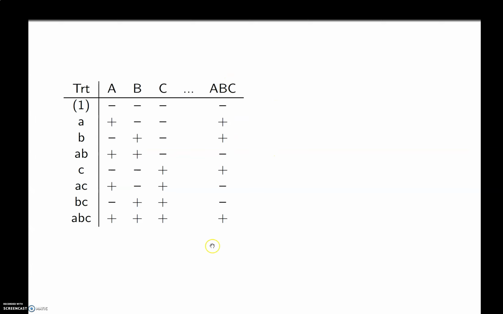When does this three-way interaction become negative? In cases, in particular, where either all three main effects are negative, or two are positive and one is negative. For example, the effect AB is the one where A is high, B is high, C is low, and hence the ABC interaction is negative.